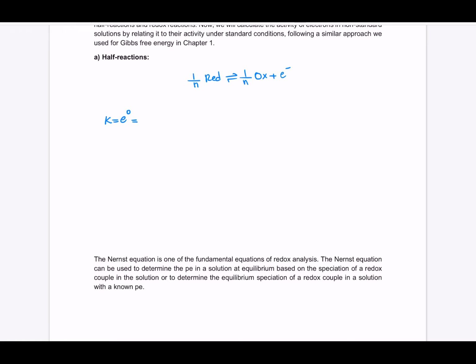It would be equal to E0, the oxidized over 1 over n, electron, and then the reduced species 1 over n. Now we can take minus log of both sides. Then it would be pE0 equal to minus log of that whole thing.